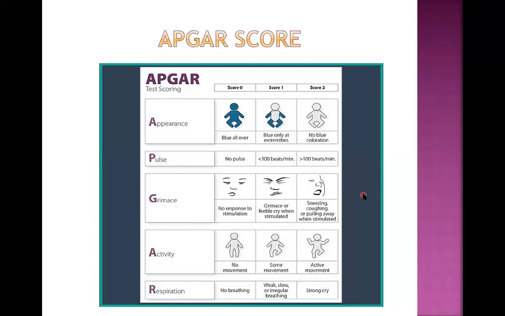Let's talk practically now. The score of 10 is never possible in a normal baby after birth, because there is one important condition known as acrocyanosis, which occurs at the time of birth and continues for a few hours.